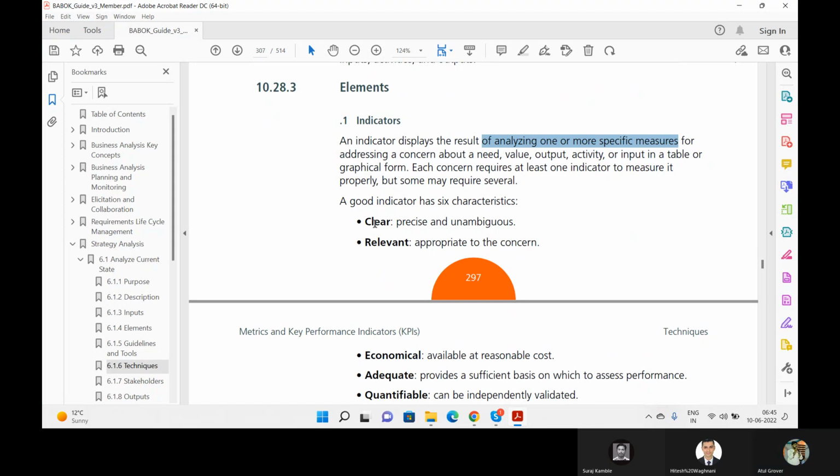Clear. Like if I say how many times my customer clicks on the button, the number is an indicator for me. Let me give an example.